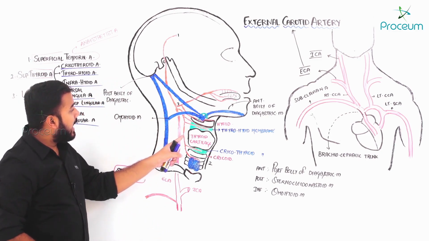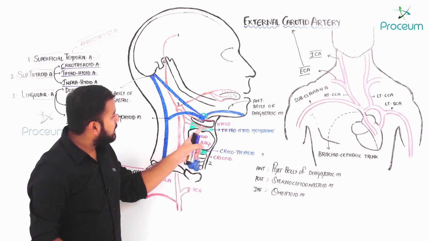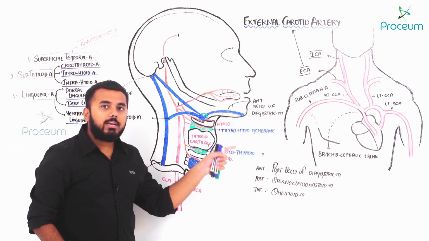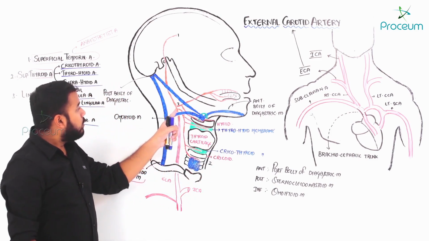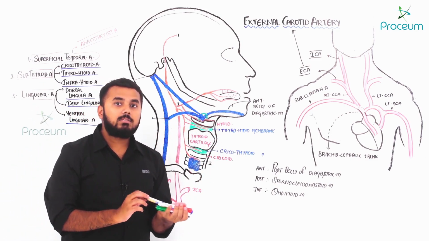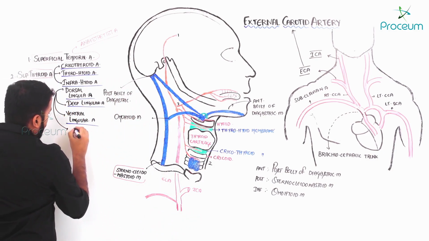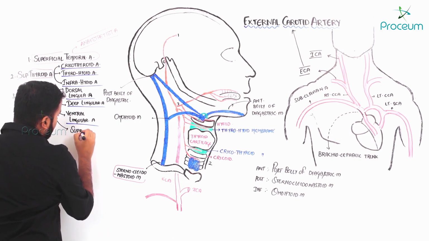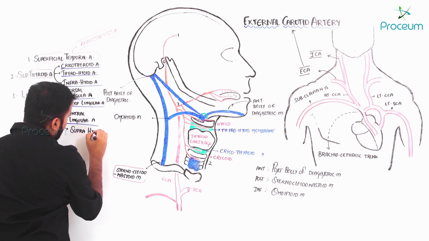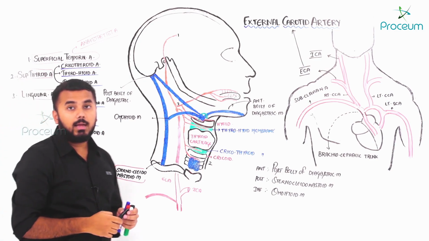Previously, there was a branch of the superior thyroid artery which passed below the hyoid bone, so you called it the infrahyoid artery. Now there is a branch passing above the hyoid bone, so you call that the suprahyoid artery.